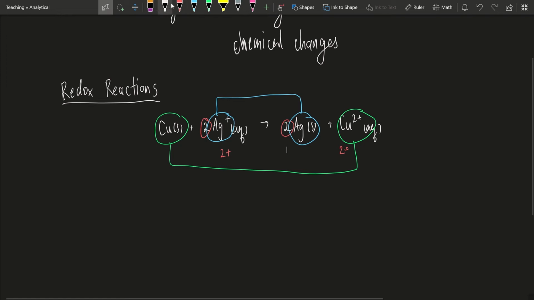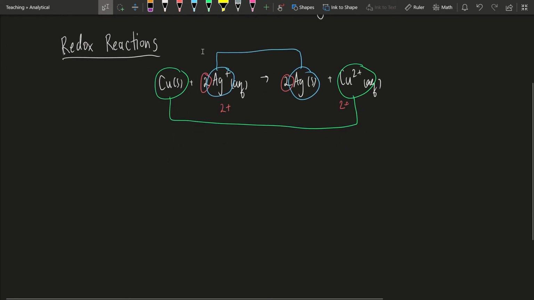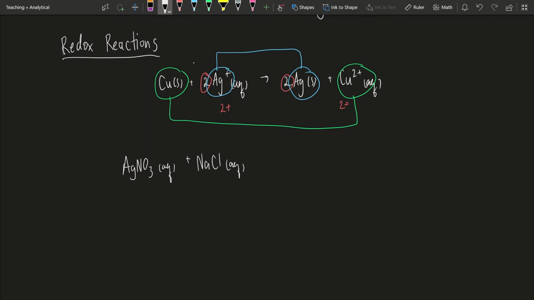But here you can see that this is the redox reaction, and there may be some reactions which are not redox reactions. For example, I'm going to write it here: silver nitrate in aqueous plus sodium chloride, right? And I think you have tried this before. You're going to get the precipitation of silver chloride as the product, and sodium nitrate is still dissolved in the solution.